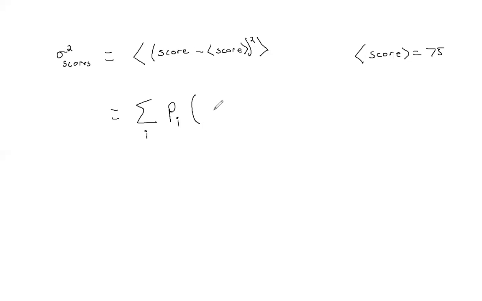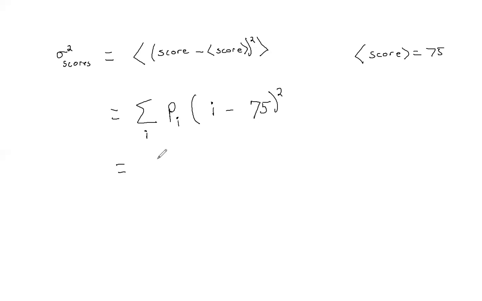So that's going to be I minus 75 squared. So this would be the average of the distance each score takes from the mean score, squared. And so we have to calculate that and take the square root.